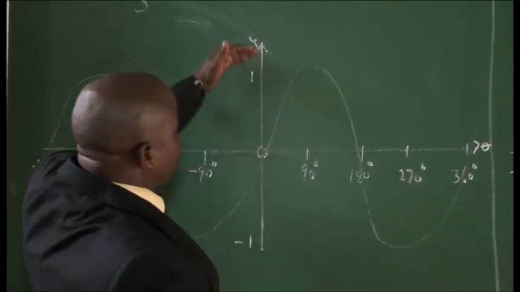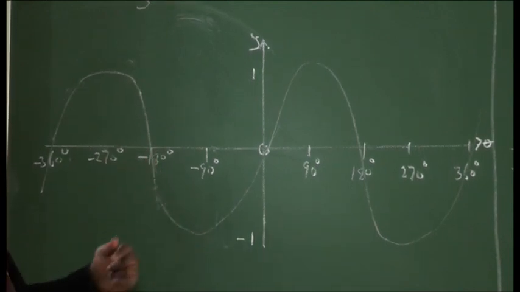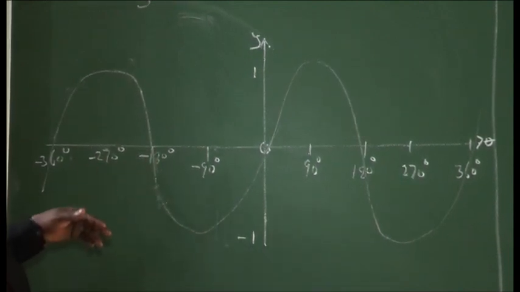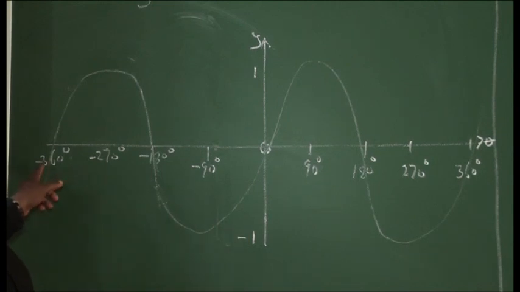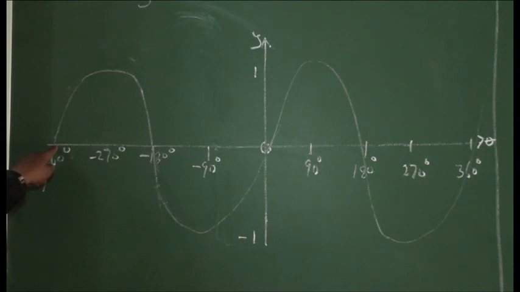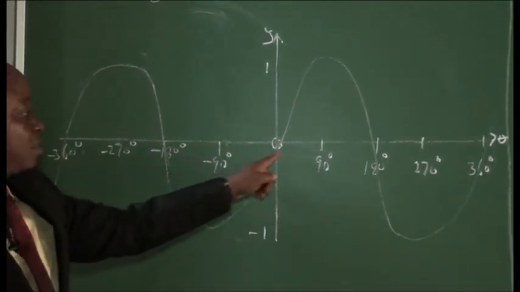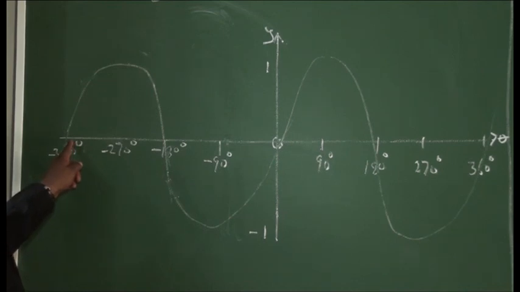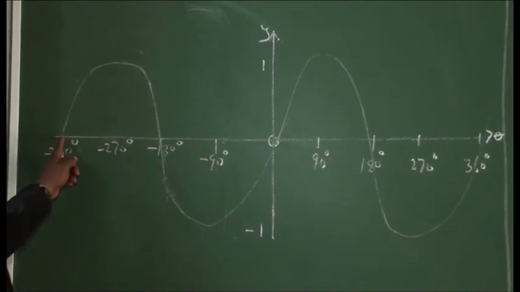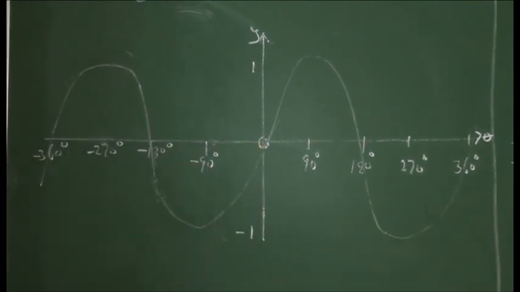This is the y axis. From what we have known, at 360 degrees the value is 0. That is, it cuts the theta axis at 0.